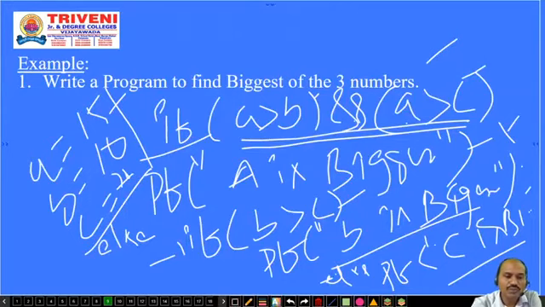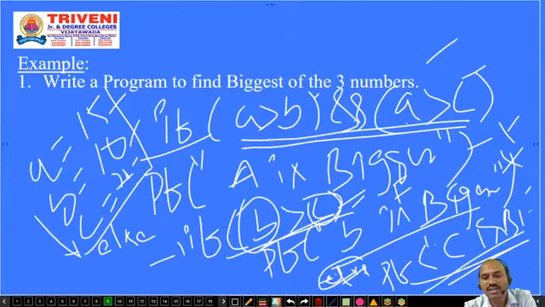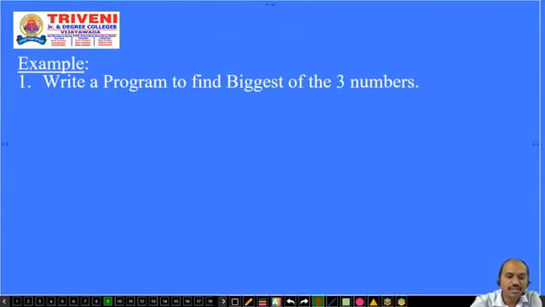Then we go to the next condition, B greater than C. B is only 10 and C is 20, so this is also false, that condition was not true, so the statement is not executed. Then we go to the last else statement, which is the C statement. So finally C is the bigger value. This is the decision algorithm.